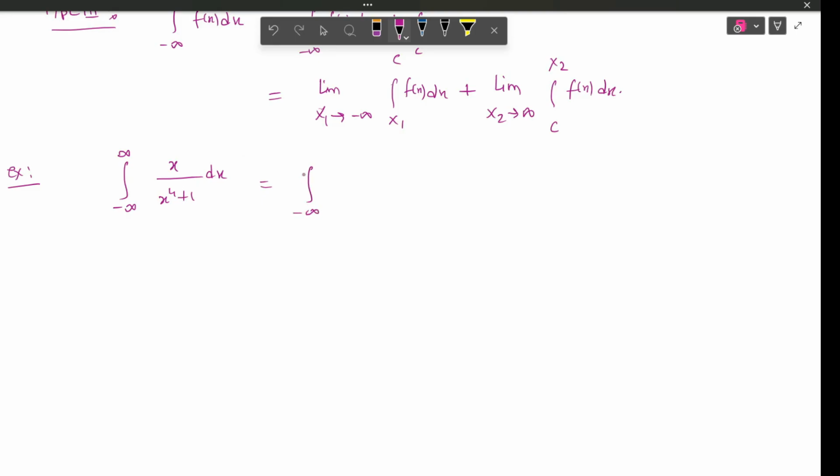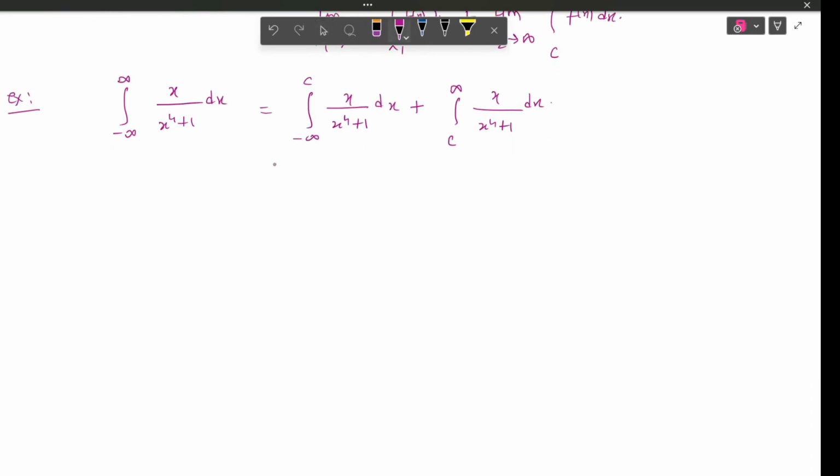It would be minus infinity to c x by x to the power 4 plus 1 dx plus integration c to infinity x by x to the power 4 plus 1 dx. Now we have to apply type 1 and type 2. This is your type 2, this is your type 1.